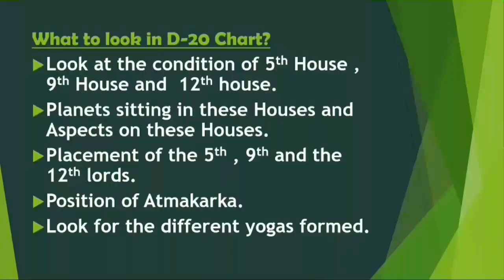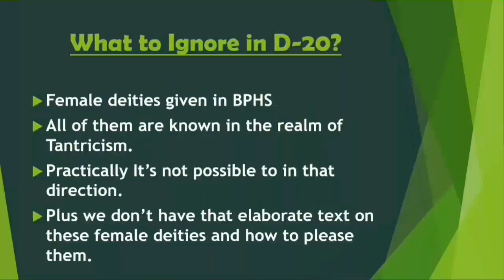So in all aspects, the fifth house is very important. The fifth house indicates the knowledge of the mantras you have. And finally, the 12th house of the D20 chart indicates salvation, the moksha. It shows the type of meditation you do. It shows the depth of your devotion.